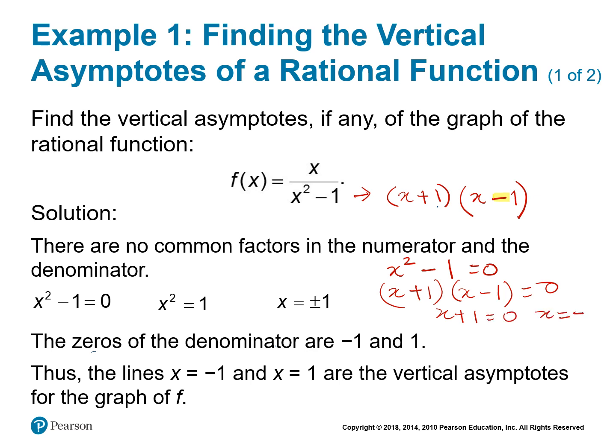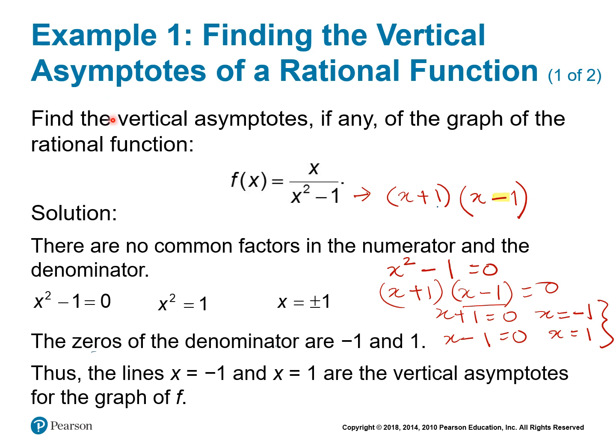All right. So here we'll have x equals negative 1, and when we equate the other factor, x minus 1 equal to 0, then we get x equals positive 1, and these two numbers, negative 1 and positive 1, are where the vertical asymptotes of the rational function are going to be.